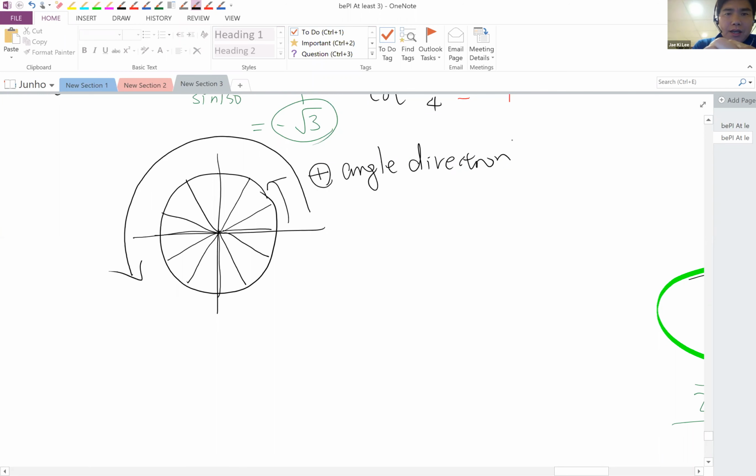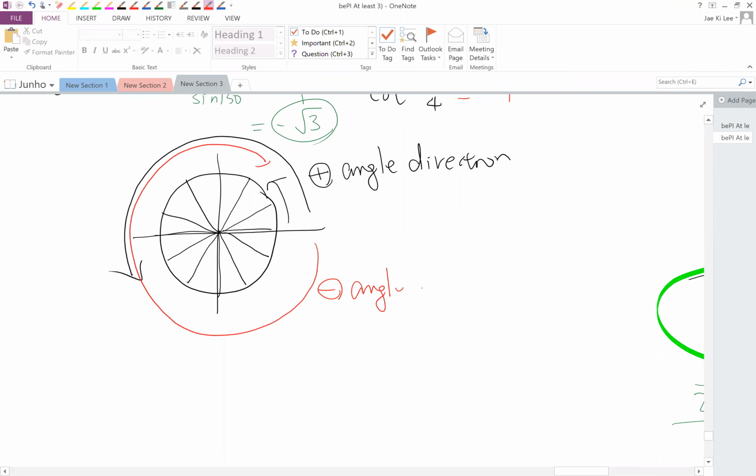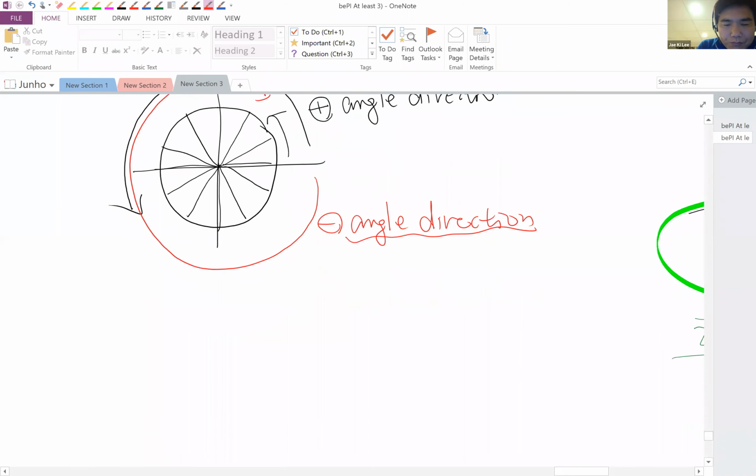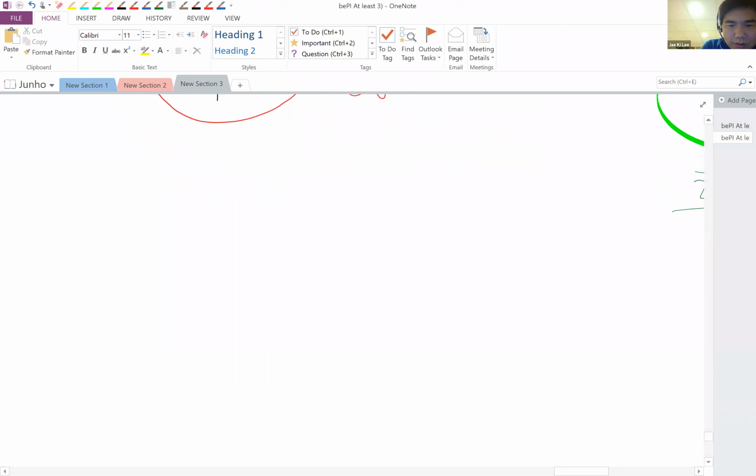But sometimes the question can give you a negative angle direction, which means the opposite direction. So going this direction will be negative angle direction. So for example, I'm going to draw the unit circle one more time and give you a little more detailed explanation.